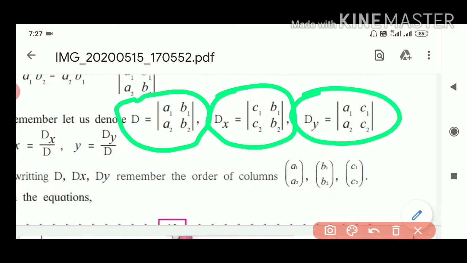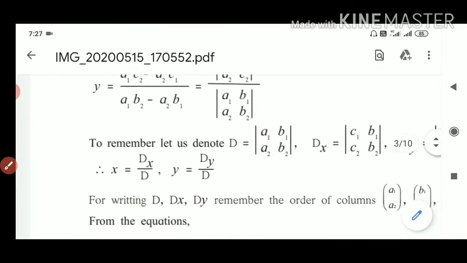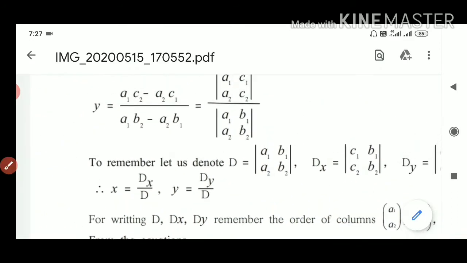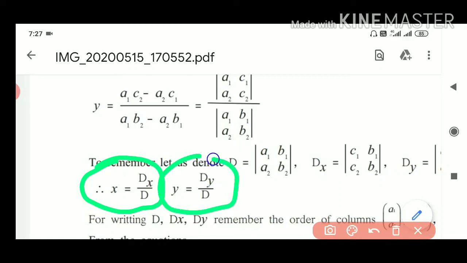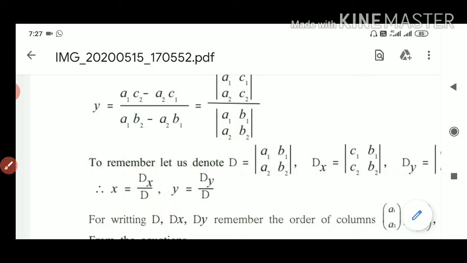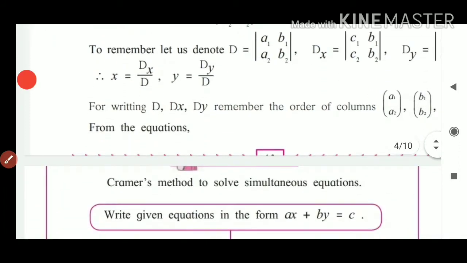Then these values are put in x is equal to Dx divided by D. This is the first formula for finding value of x, and y is equal to Dy divided by D. This is the second formula for finding y. Therefore, these two values x and y are called the solution of that simultaneous equation.